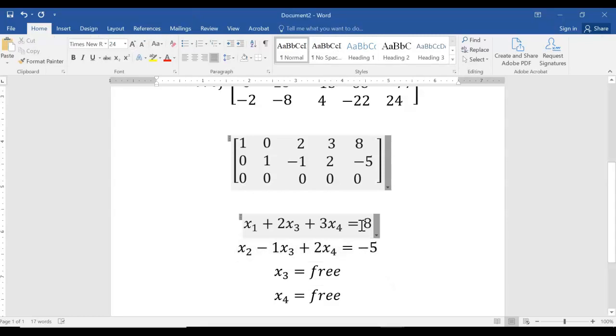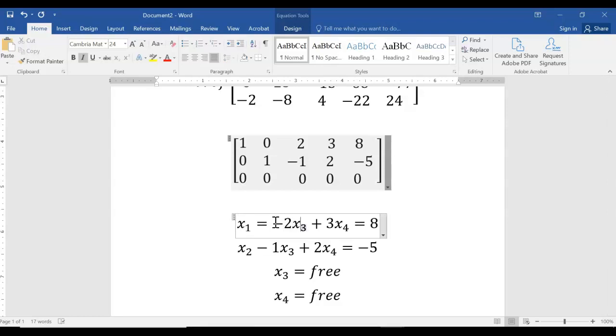Now, with a little bit of rewrite, I'm going to subtract 2x3 from both sides of this equation. You can rewrite that as negative 2x3 minus 3x4 plus 8 on the right-hand side. Be really careful about the minus and positive signs.